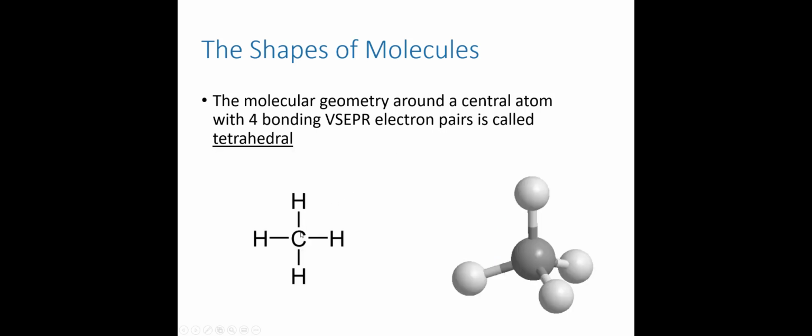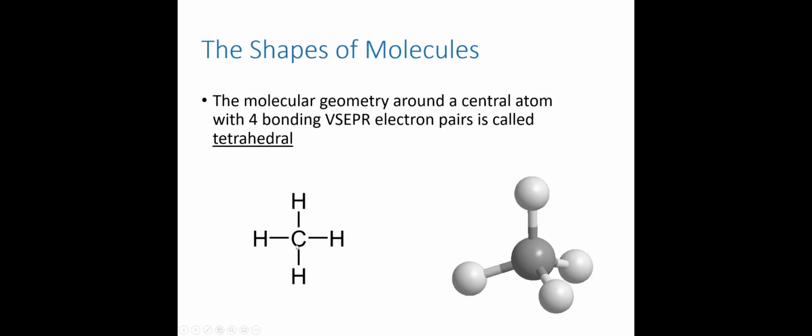Now we move to the molecules which have 4 electron pair groups about the central atom. These are called tetrahedral geometries. So we have here carbon bonded to 4 hydrogen. This is called methane. We saw it a moment ago. And you will notice that the molecule as drawn here looks completely flat, and it looks like these angles are 90 degrees.